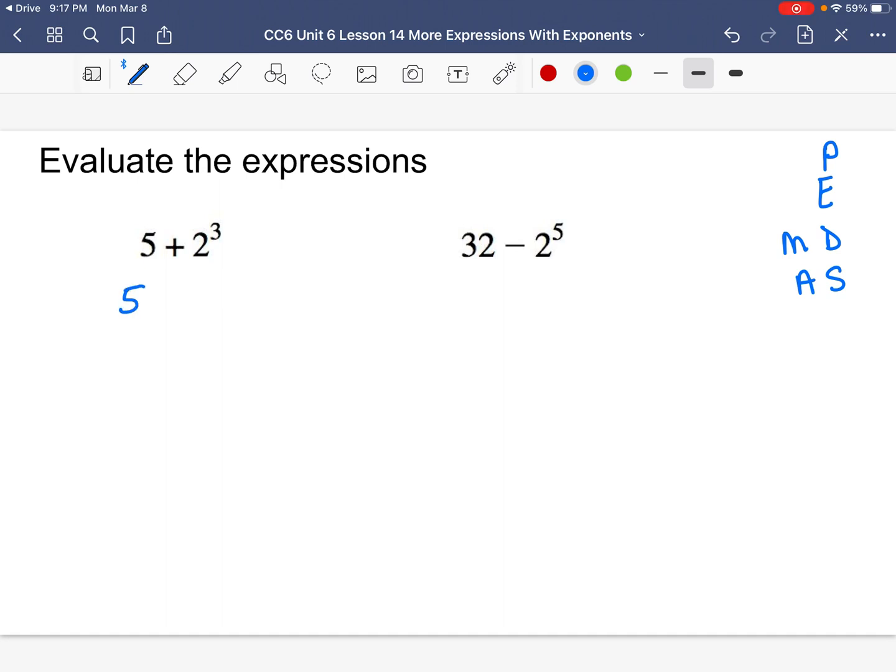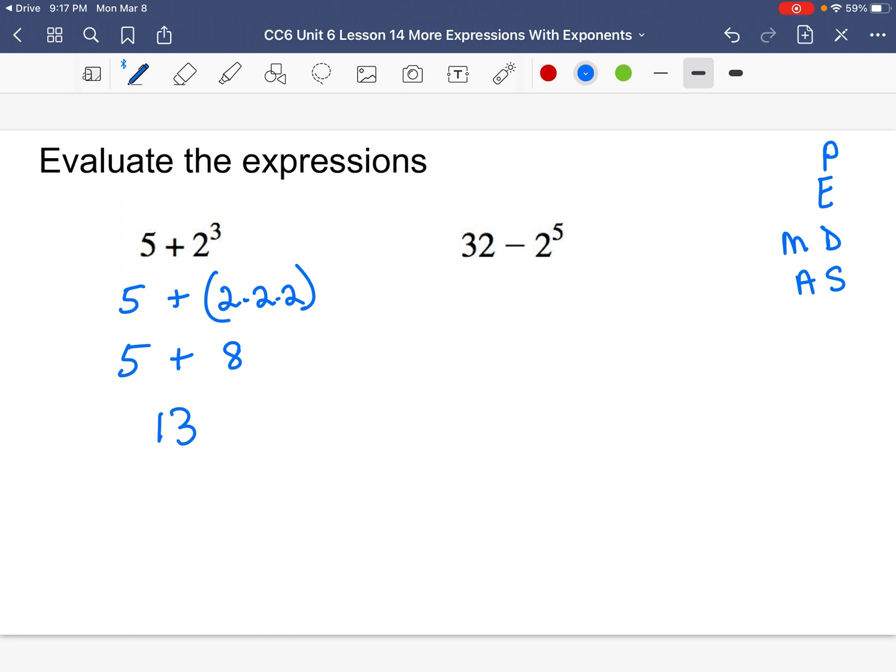So we've got 5 plus 2 to the power of 3, which is 2 times 2 times 2, so 5 plus 2 times 2 is 4, 4 times 2 is 8. So now we have an addition, 5 plus 8 is 13.